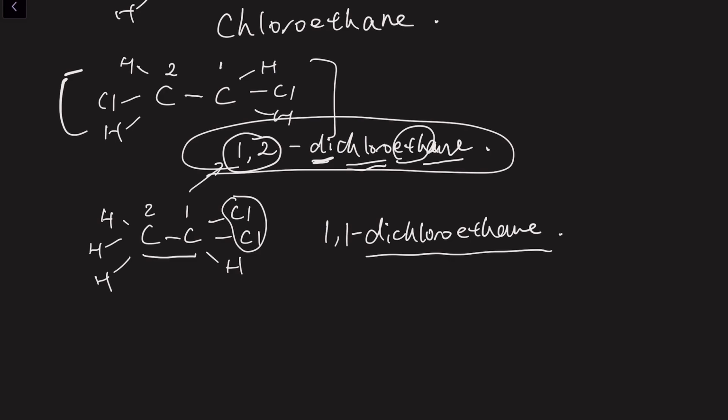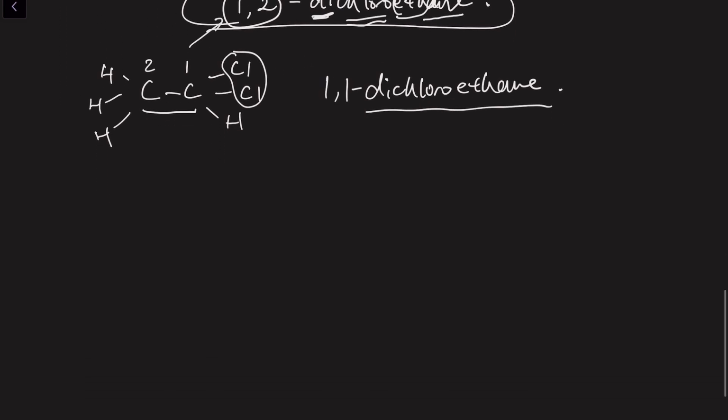So let's look at a different example. All the hydrogens have been replaced by fluorine, and we have a carbon to carbon double bond in this instance. So we know that it has 4 fluorine atoms. So the prefix should be tetra, meaning 4.